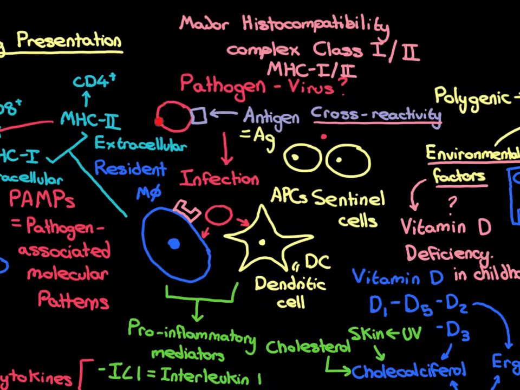Now, when this pathogen is in the extracellular fluid, and we've discussed the fact that it may well be a virus, but we know that viruses do spend some of their time in the extracellular fluid, it's going to be phagocytosed by our antigen-presenting cells, our macrophages and our dendritic cells, and they will break down its proteins into little fragments.